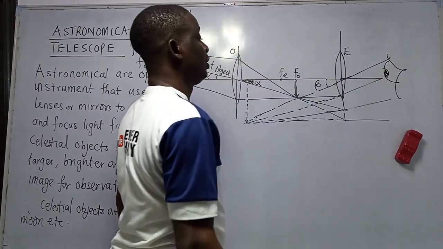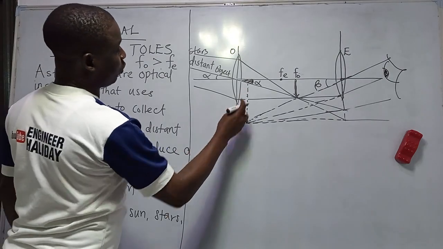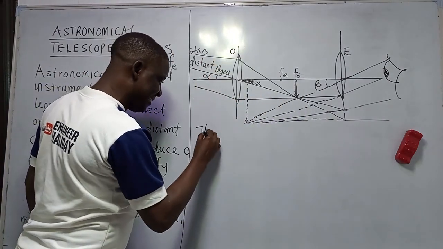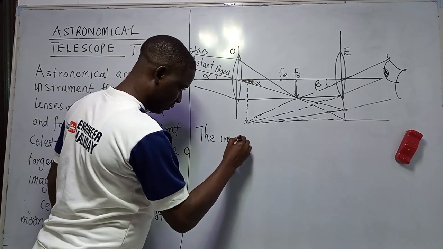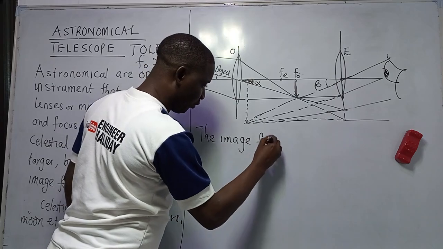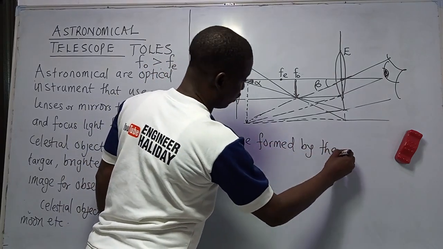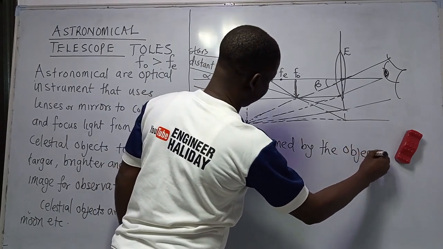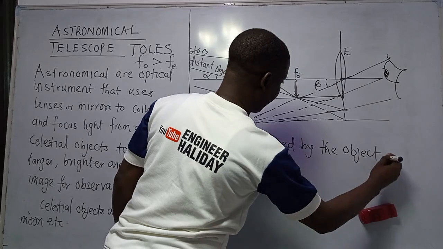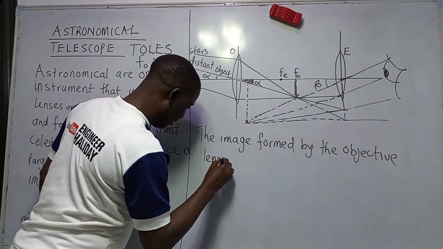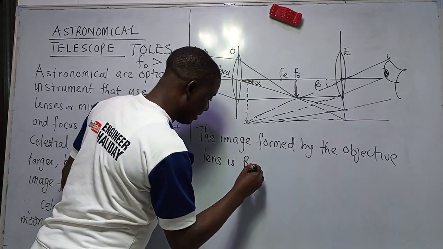to view the image. So this was the image formed by the objective lens. The image formed by the objective lens is what?